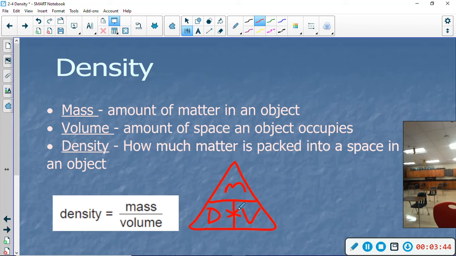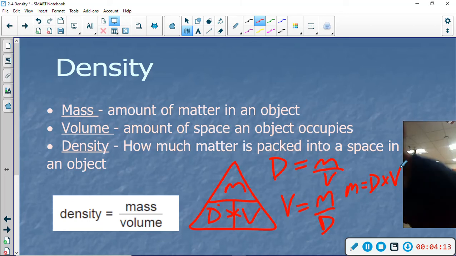All right, so density equals mass divided by volume is the first formula. You cover up D, that's what you get, M over V. If you cover up V, or volume, you're going to get mass divided by density. And the last formula, I put a multiplication symbol between D and V because mass equals density times volume. So those are the three formulas that you can get out of that triangle. It's a good way to remember how to rearrange it in case you do need to find one of the other quantities.